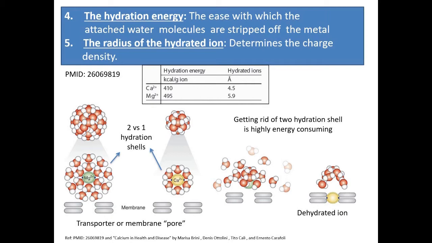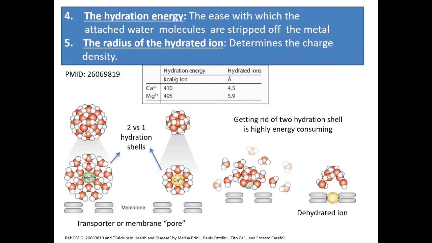Now, if calcium or magnesium needs to be channeled through membrane-bound ion channels, they first have to be stripped of their hydration shells during the transport process, because most membrane-bound ion channels have a specific diameter which is necessary for their ion selectivity. Thus, those ions that have less hydration energy are favorable.